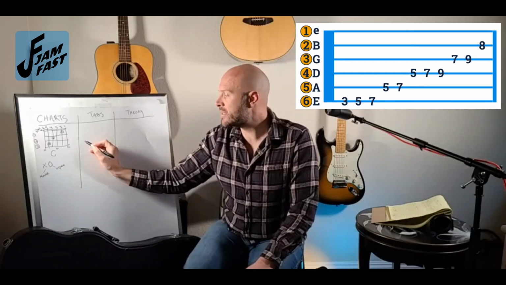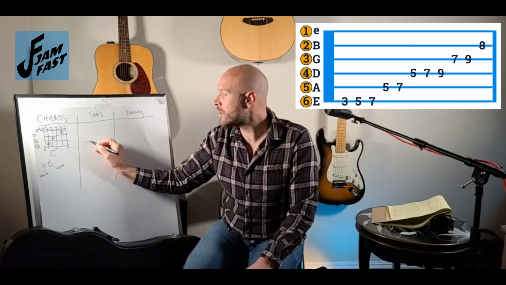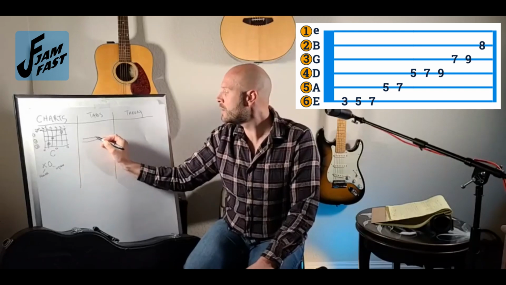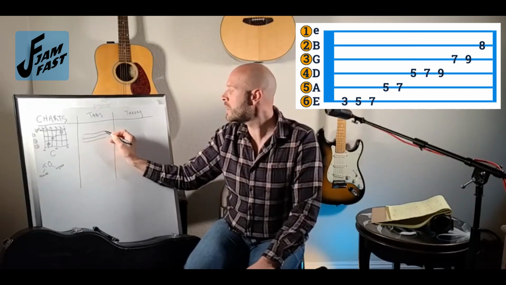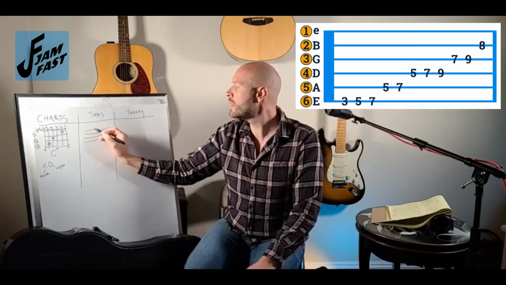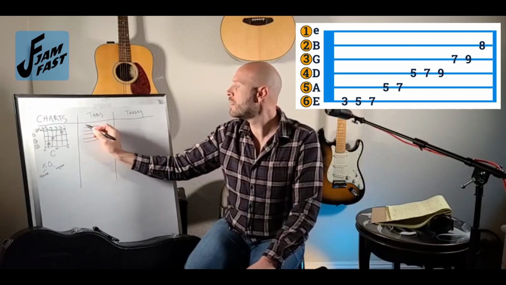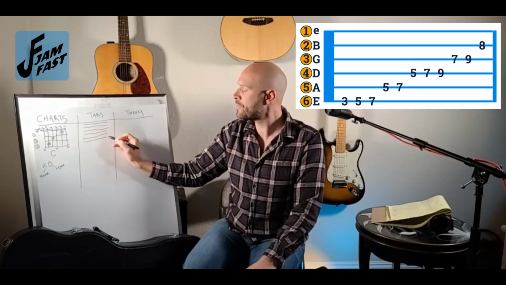So similarly to chord charts, this is a way to see how to play chords, but it's also how to see how to play solo riffs, lead lines. So what we're going to do is we're going to draw 6 lines horizontally. 1, 2, 3, 4, 5, 6.